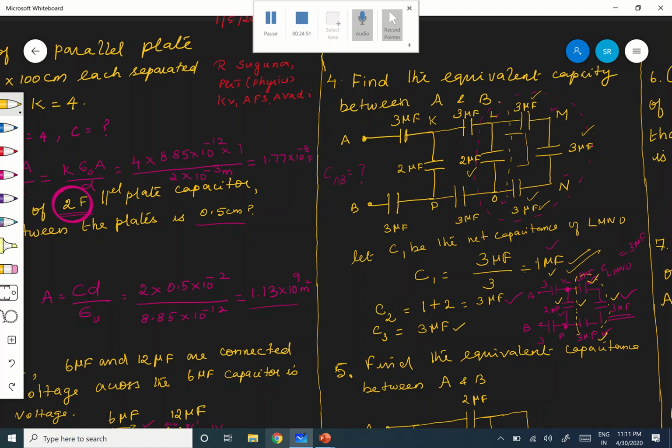Now C3 is there. What will be your final circuit? Final circuit is 3 microfarad, and here will be your C3, 3 once again. Therefore, here you will be getting A. Finally it is AB, after reducing 3, 3, 3.